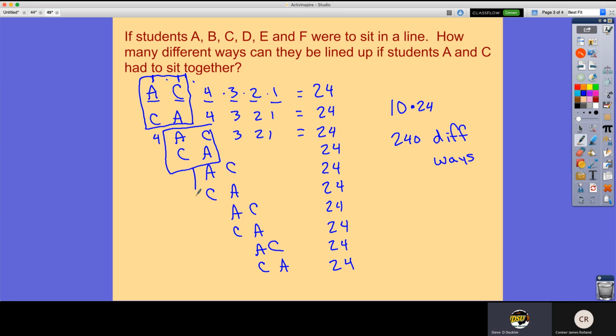So there's our second one, our third one, our fourth one, and our fifth one. And inside of each one of those, there's 2 different ways. So that's where we get the 10 from. If you have to list those out, list them out though. Any questions?